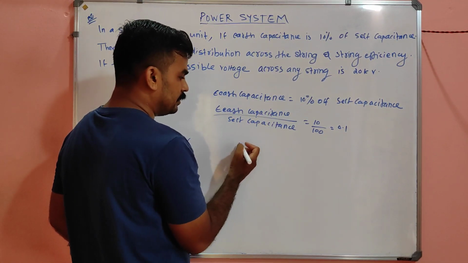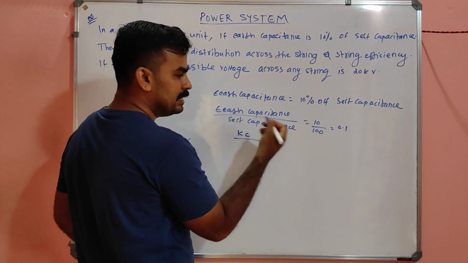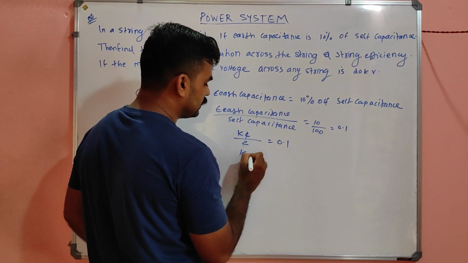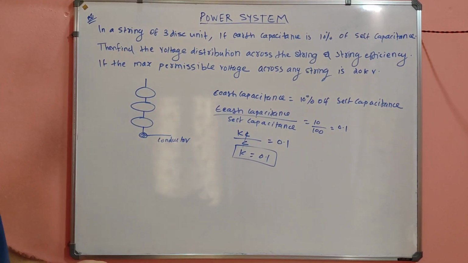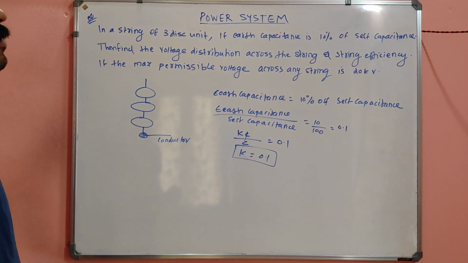Earth capacitance is nothing but Kc, am I right? Kc divided by self capacitance C equals 0.1, which implies K is equal to 0.1. That is why this data is given, for finding K. So K you got 0.1.